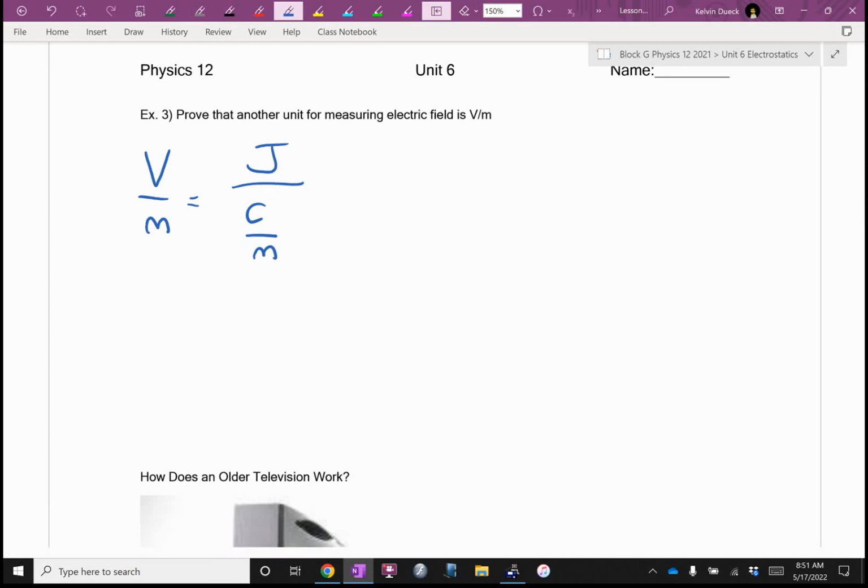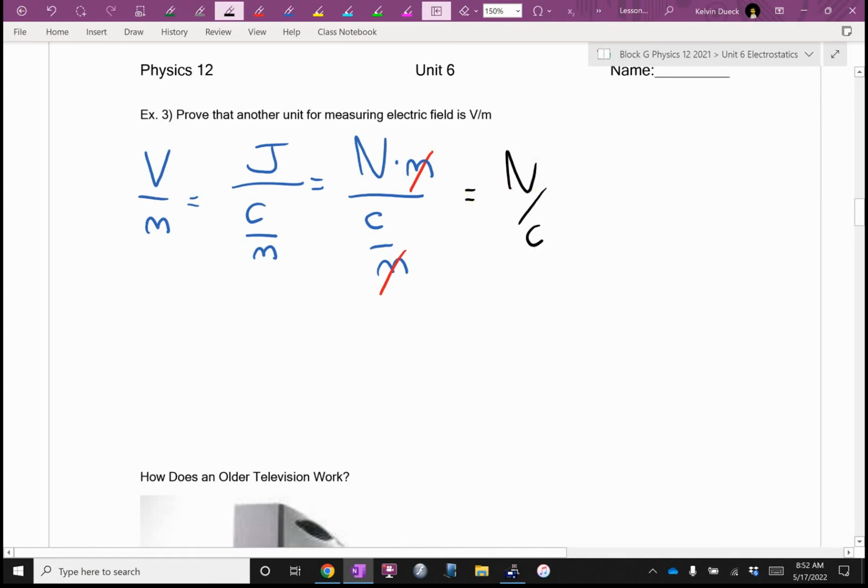Joules is a measure of energy, work. What was our original basic definition of work? Work equals force times distance. So a joule must be a newton meter per coulomb per meter. I got a meter on top, meter on the bottom. What's left behind? Newtons per coulomb. Volts per meter and newtons per coulomb. It turns out those are both ways to measure electric field.